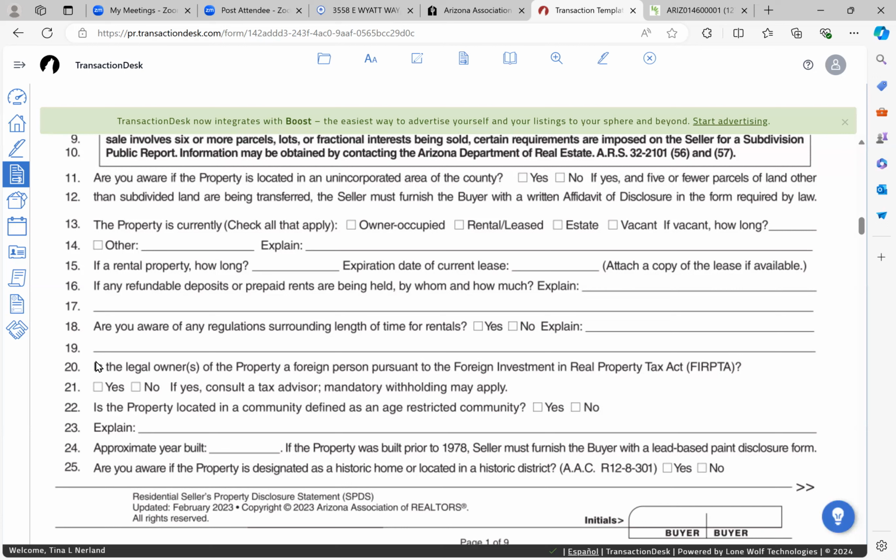If this is not checked, you need to give it back to the seller's agent and say, hey, they missed something. Well, if anything is unchecked, ask about it. Why isn't this checked? This is huge. Title doesn't always catch their foreign investors. And if title doesn't catch it and you close, then your buyer could be on the hook for 15% of the sales price for taxes. So this is one reason why this form was updated.